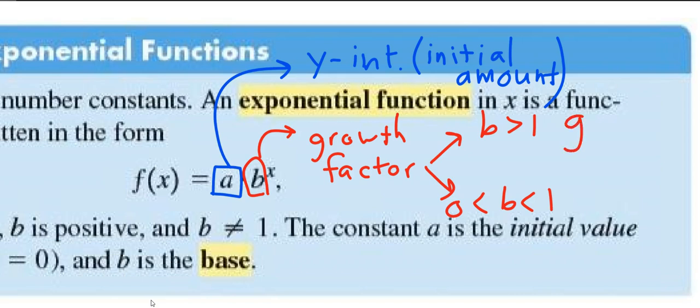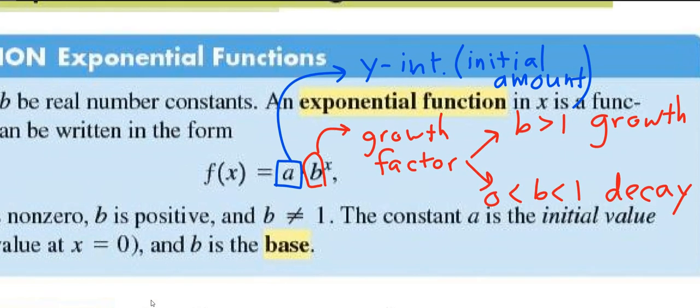This is growth. Obviously, that would mean this is decay. I hesitate saying smaller than 1, and the reason I don't like saying smaller than 1 is that some people think that a negative number is possible. It's not possible. You're not getting a negative B value right here. It says very clearly that B has to be a positive number.